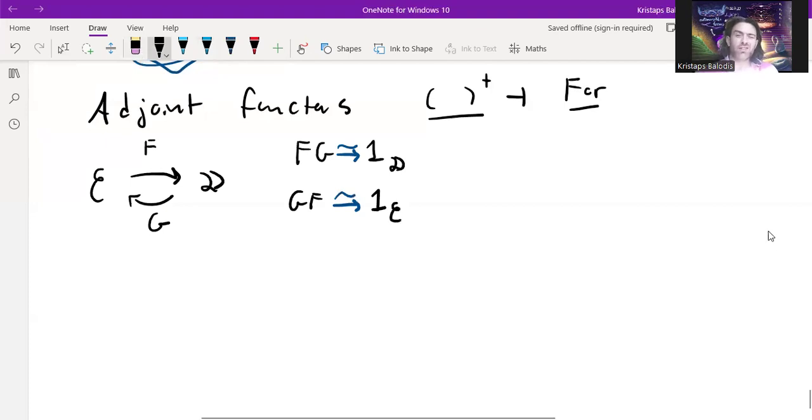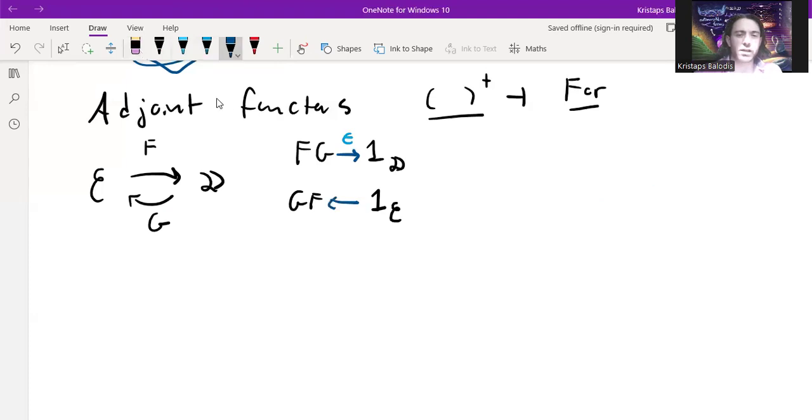Right. But then you could imagine that let's say that we don't even have an isomorphism of categories, right? So maybe these arrows aren't isomorphisms. But we could have, so I'm going to call this one epsilon. And I'm actually going to swap the direction of the other one for reasons that may or may not be so clear in a moment.